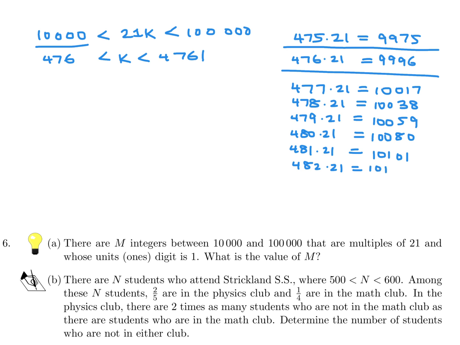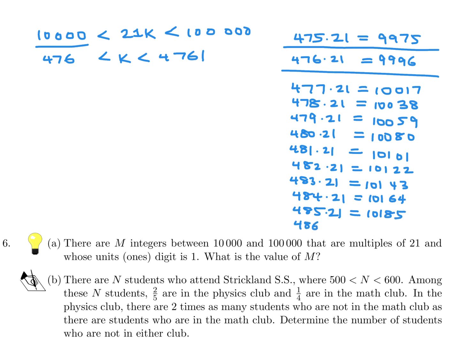Then 483 times 21 is 10143, 484 times 21 is 10164, 485 times 21 is 10185, and 486 times 21 is 10206. Okay, I see a pattern.